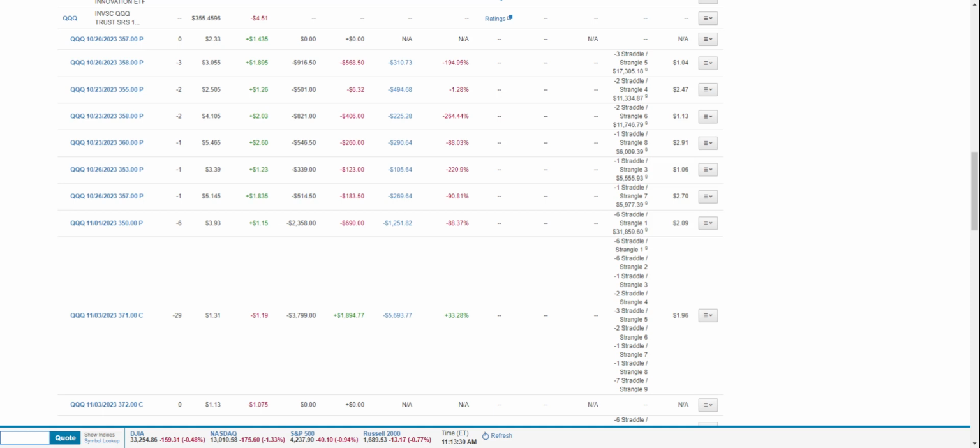So this position here, I sold three puts, the 358 strike. Now, what I was looking for is that the underlying price will stay above 358, but it went below 358.